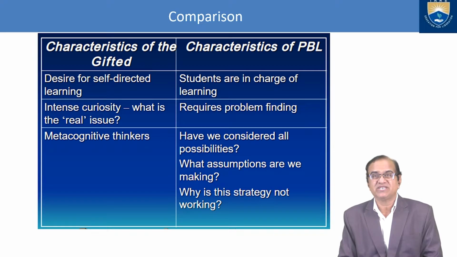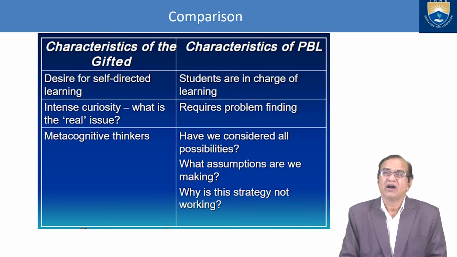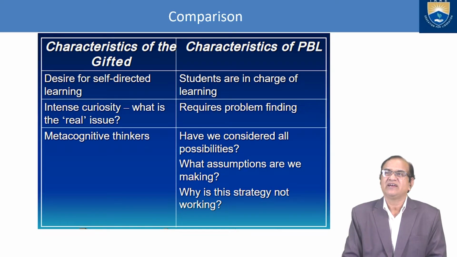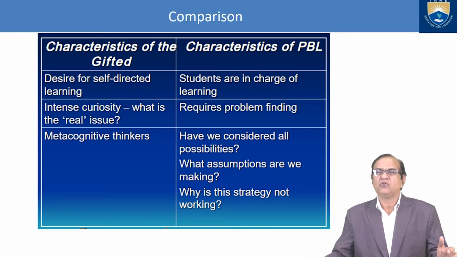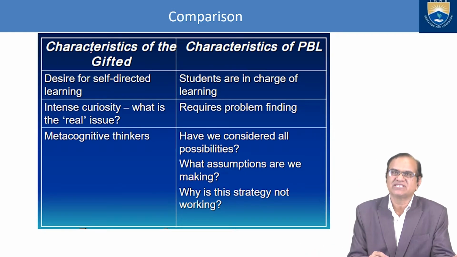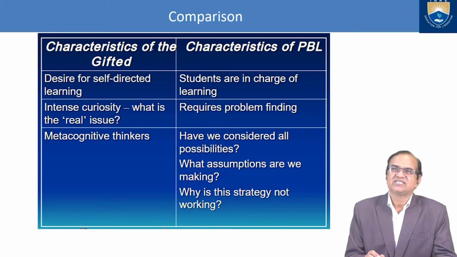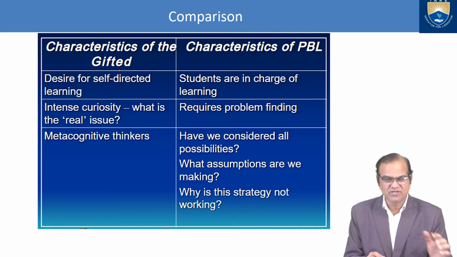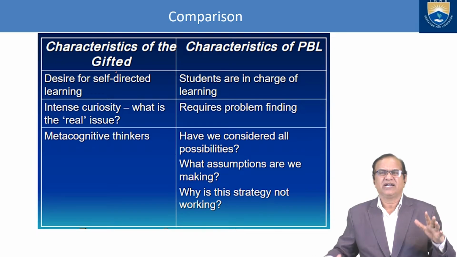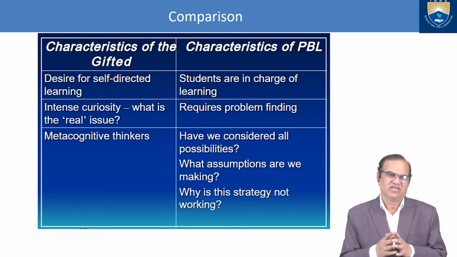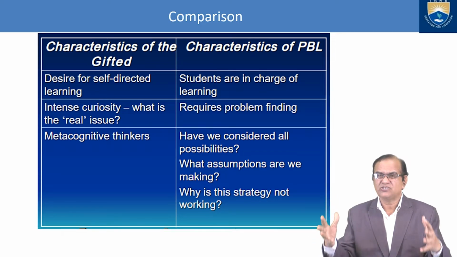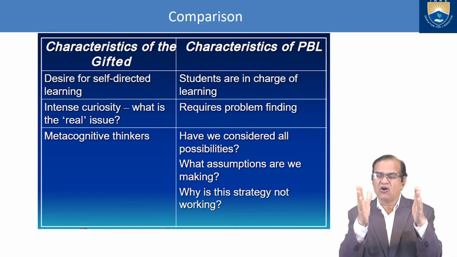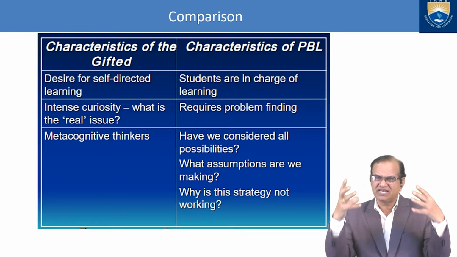Now, comparison. Characteristics of the gifted and characteristics of PBL. So, two types of things are there. In this, characteristics of the gifted means desire for self-directed learning. Gifted means what? It is self-talented. In every class you have 60 or 40 students, out of that 5 to 10 will be really gifted.